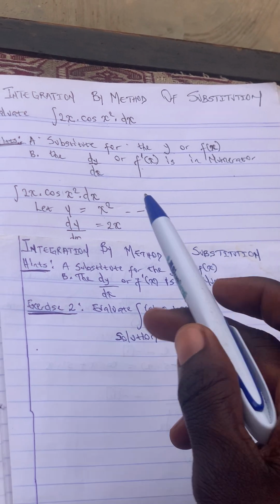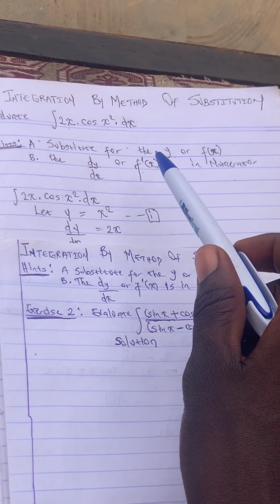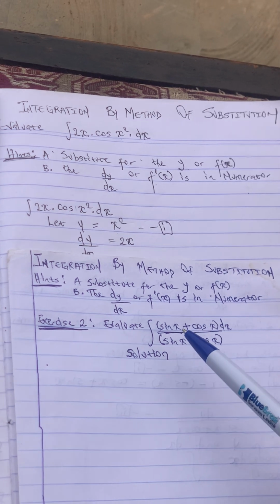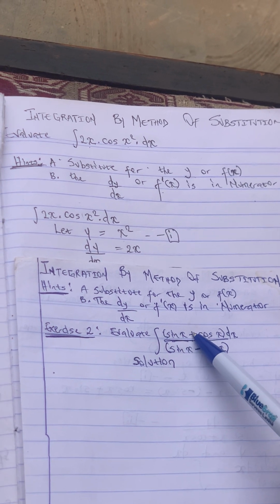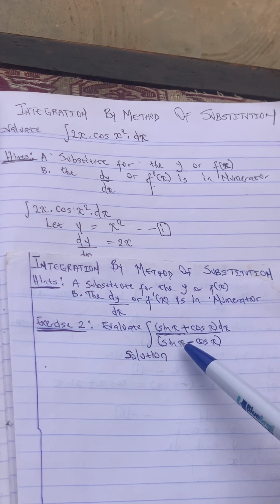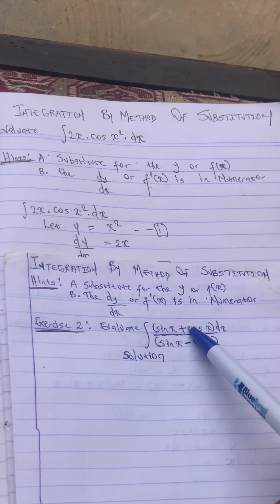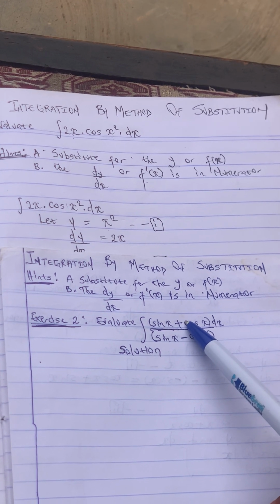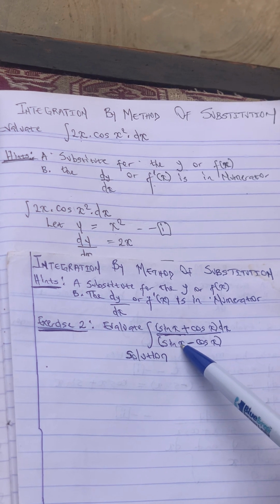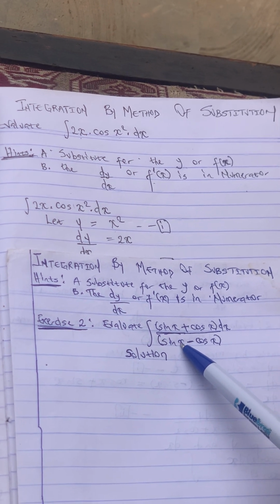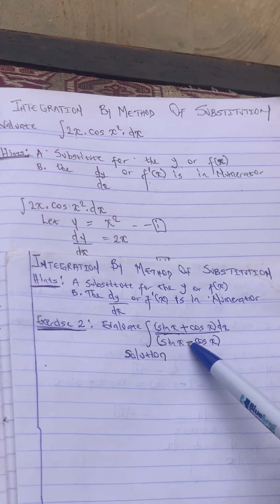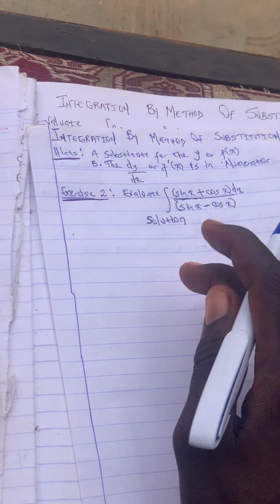So now I go to the second hint, which says the dy dx or f prime of x should be in the numerator. Now this is the numerator. So if I take this as the numerator, let me take this as the dy dx, then I will take this as the y, the function. So I will substitute for this. Now let me get started.